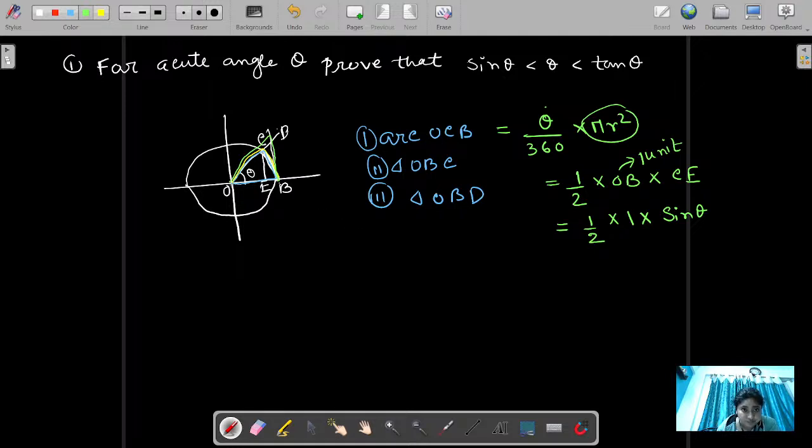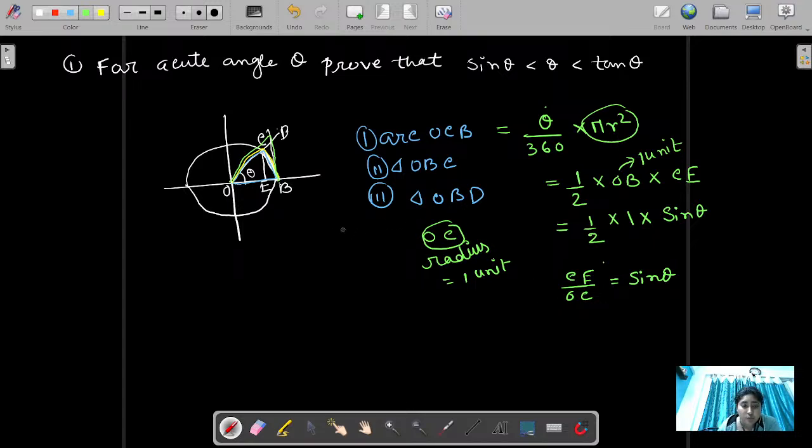Because OC is also a radius, so it is also equal to 1 unit. So I can easily say that CE divided by OC is equal to sine theta. And OC is equal to 1. So that's why CE equals sine theta.